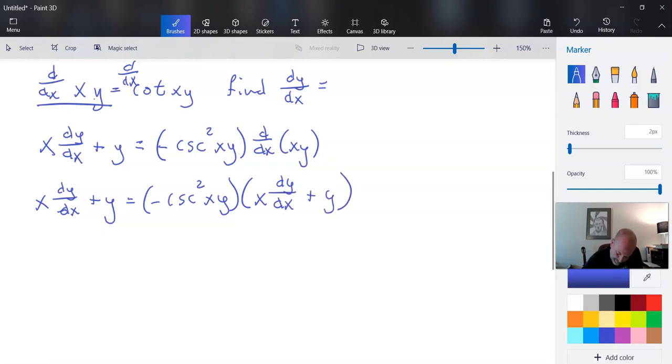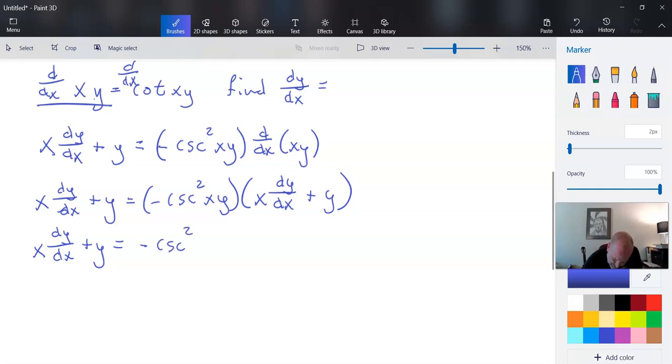plus y. Okay, and so what we need to do is we need to get all the dy dx's in the same spot. So what I'm going to do is I'm going to distribute this cosecant squared here so I can get a hold of this stuff. This one's going to take a little bit of work. And so if I apply the negative cosecant squared to the first term here, I'll just write it that way.